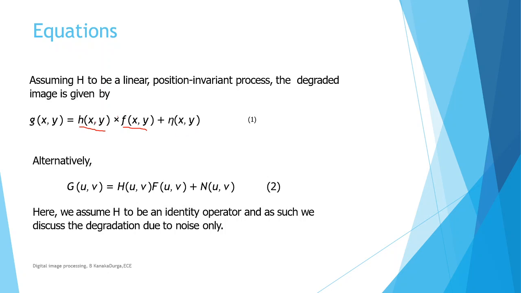So g of x comma y equals h of x comma y convolved with f of x comma y plus n of x comma y.